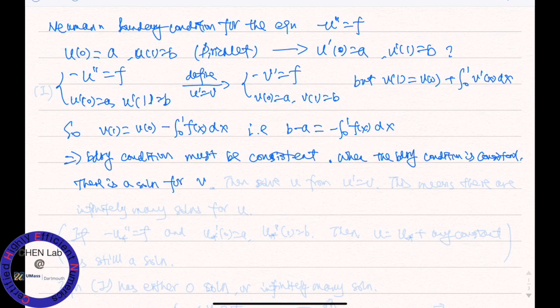Basically, just integrate negative f. You get a constant c, and you use the condition v(0) is equal to a to solve for that constant. All right, that's a typical ODE technique.